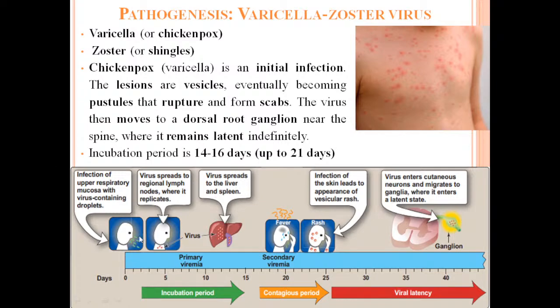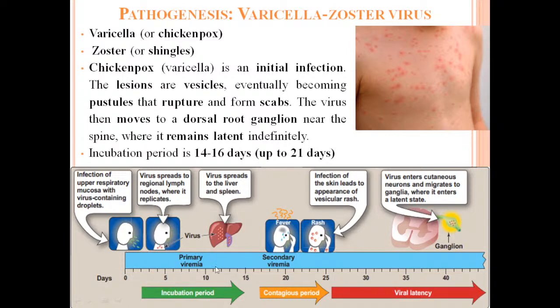Then the virus colonizes and replicates in the upper respiratory tract and spreads to regional lymph nodes where it replicates. Then the virus spreads to the liver and spleen from the blood. It is the stage of the incubation period.